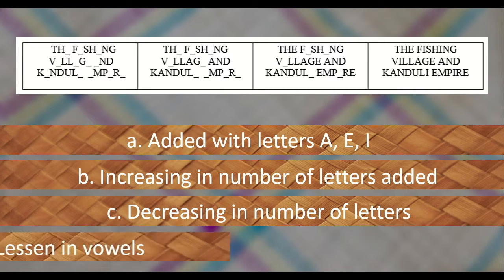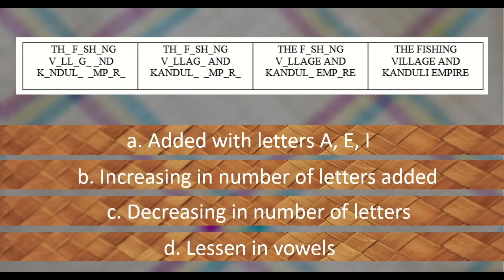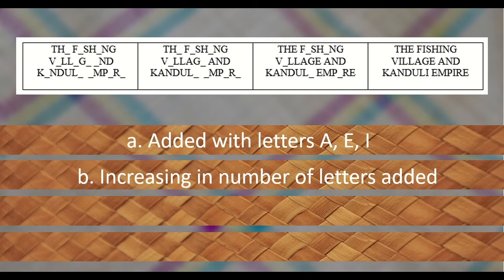Or letter D, lessen in vowels? And the answer is letter A, added with letters A, E, I, and letter B, increasing in number of letters, added. Congratulations, everyone! Good job, everyone!